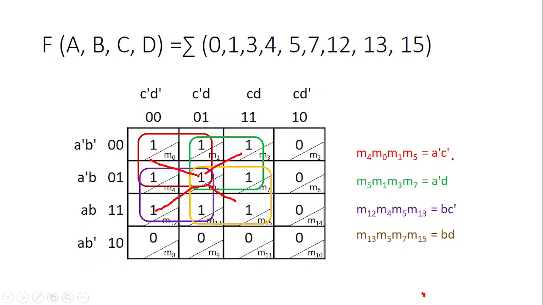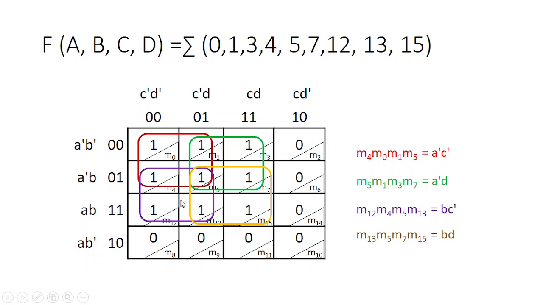So you got rid of B and D, whether in the true form or in the complement form. You got rid of 2 variables. Here also you got rid of 2 variables. C and B are not there. Here A and D are not there. So when you form the quad, you are getting rid of 2 variables. That means you are reducing it.